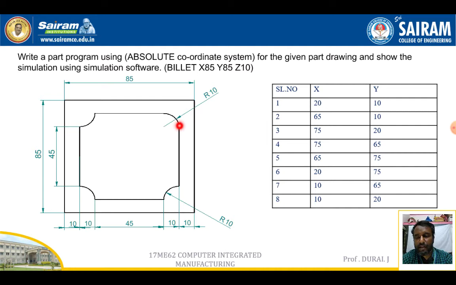So this will be X75 and Y will be 20, 10, 20, 20 plus 45, 65. So like this, all the coordinate values we have to write over here, and after that it comes over here and stops over here. So we are going to make the coordinate points up to the 8th point.